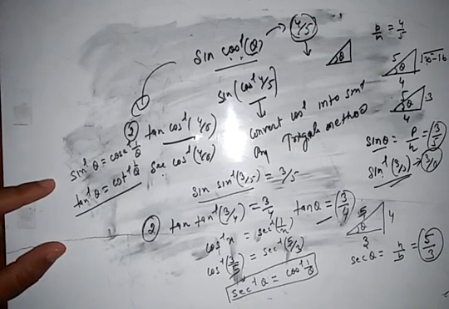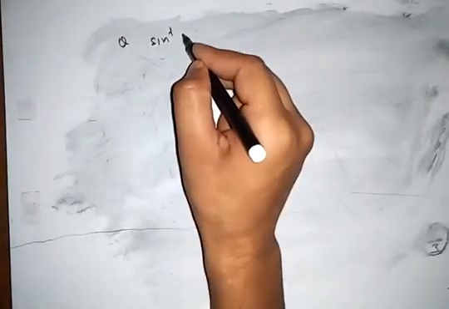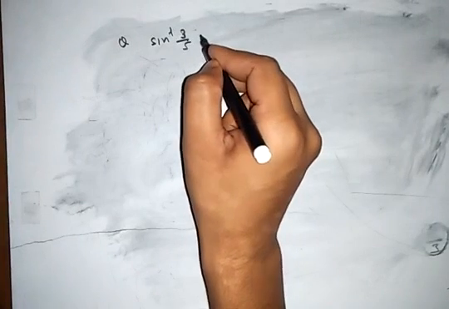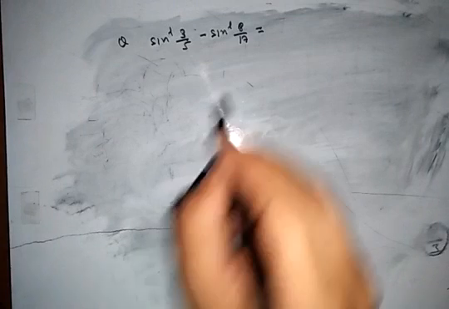I am taking another question here. Question is: sine inverse 3 by 5 minus sine inverse 8 by 17 is equal to, we have to prove, cos inverse 84 by 85.